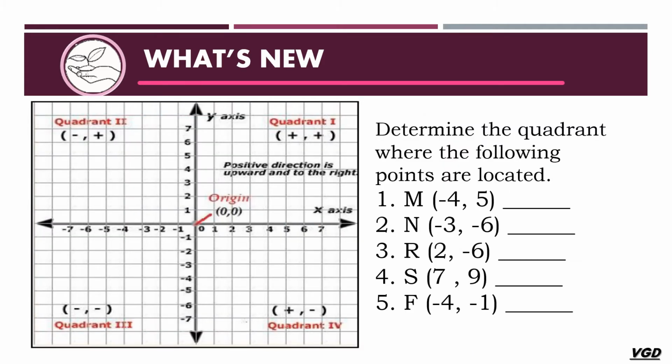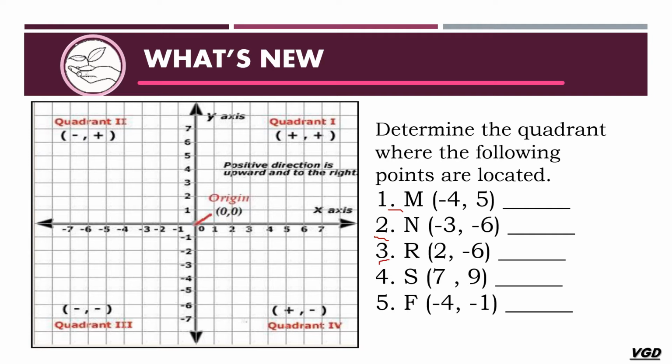Let's try this activity to check your understanding. Let's determine the quadrant where the following points are located. Number 1, point M, which has the coordinates of negative 4 and 5. Number 2, point N, which has the coordinates of negative 3 and negative 6.